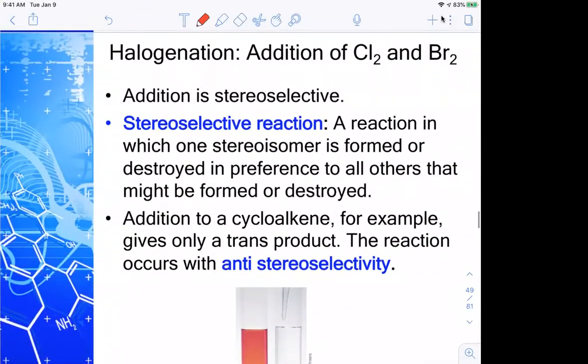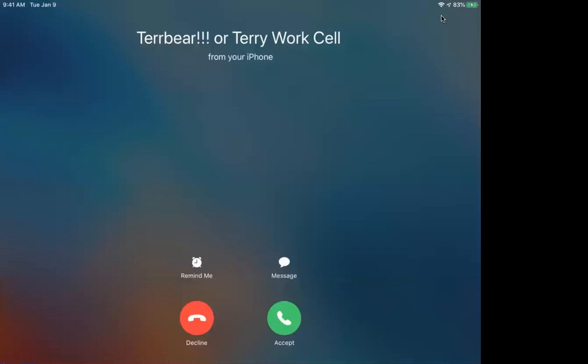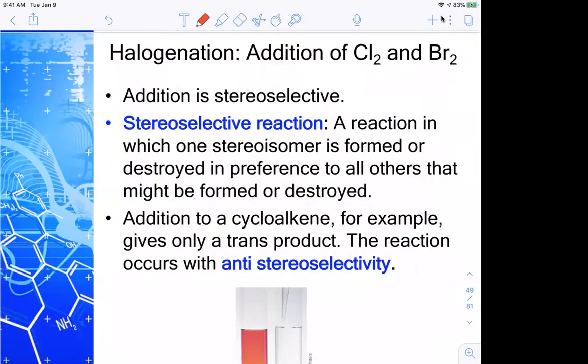There is one thing I do have to tell you though. My addition is going to be stereoselective. All right, so there's no regiochemistry, but there is stereochemistry.